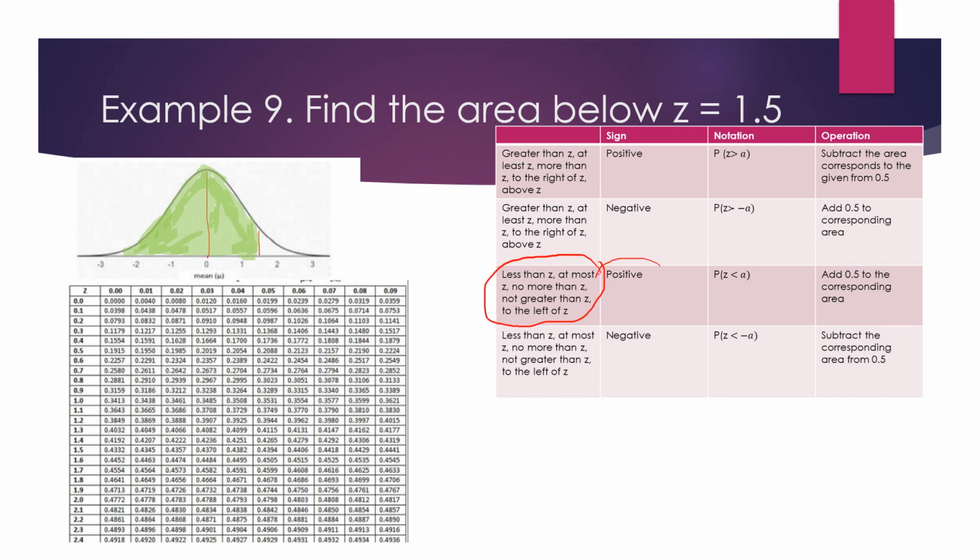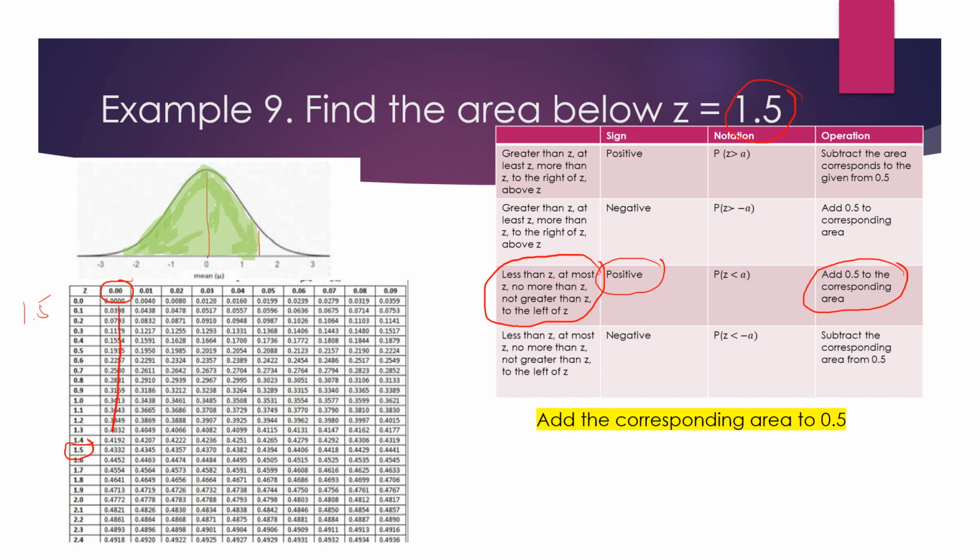Since it is positive, what we're going to do is add the corresponding area to 0.5. So let us first get the probability of 1.5. Let us locate 1.5. And here it is. Since it is only 1.5, the hundredths place is 0.00.